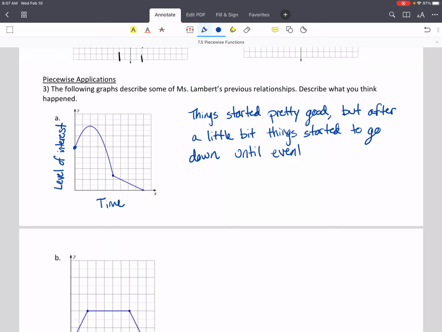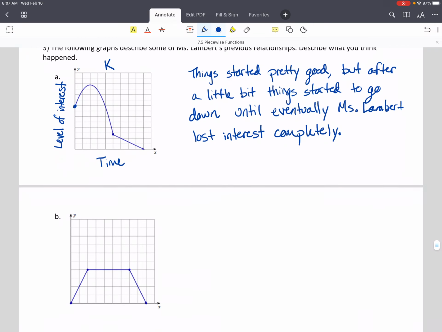Until eventually, Miss Lambert lost interest completely. We'll just call this graph K. We'll spare names, but we'll just call him K. Poor K. Which is Y in Spanish, so that's funny. All right. Anyway, there's one.